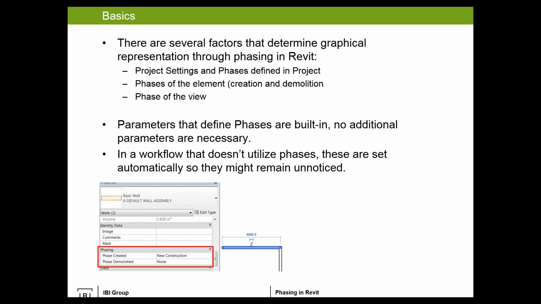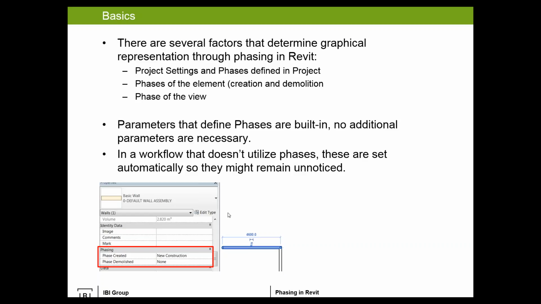You can add more phases, but things like phase states, for example, whether an item is new, demolished, existing, or temporary, those are all preset in Revit. So we can't add anything to those. We're a bit limited in that sense, but they give us quite a bit of options. They would cover a lot of things.